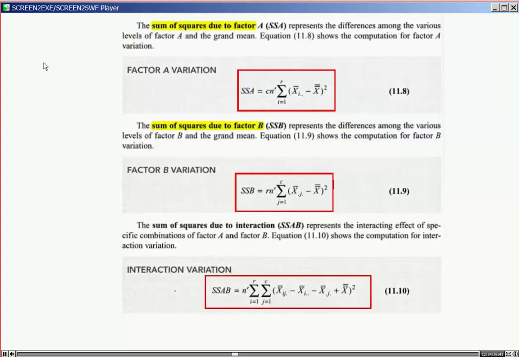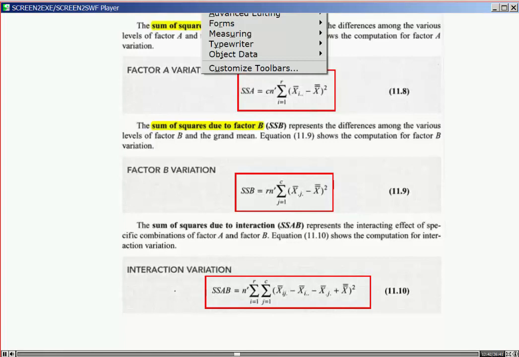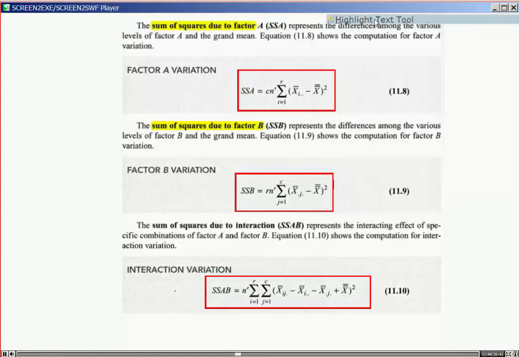The sum of squares due to interaction, SSAB, represents the interacting effect of specific combinations of factor A and factor B. This equation shows the computation for interaction variation.